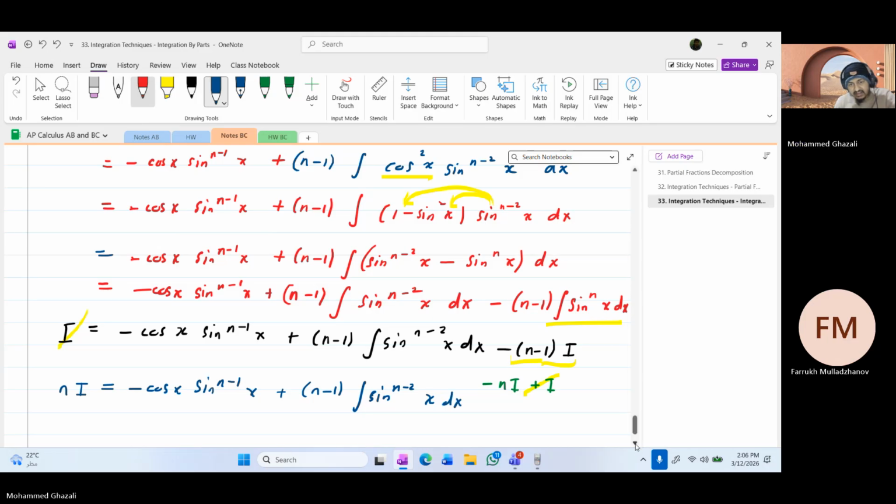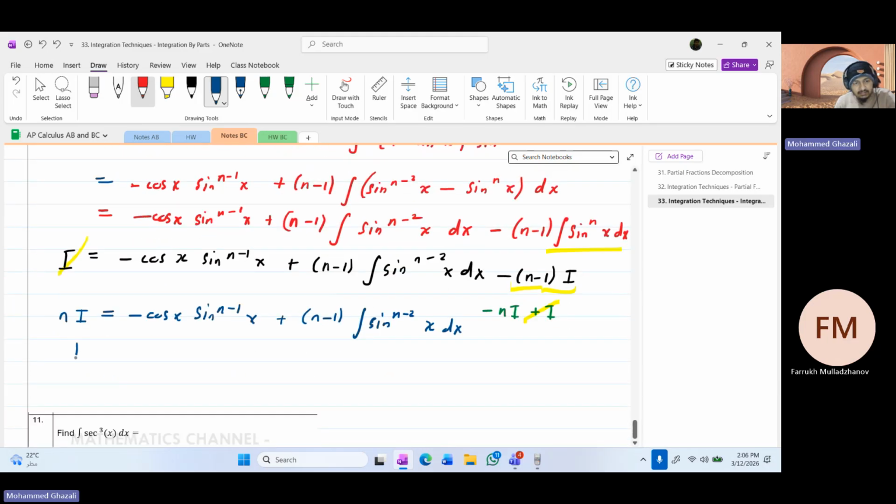Now you just divide everything by n. So the integral is now equal to 1 over n cos x sine^(n-1) x plus n minus 1 over n integral of sine^(n-2) x. It's just algebra involved here. There's no difficult integration.